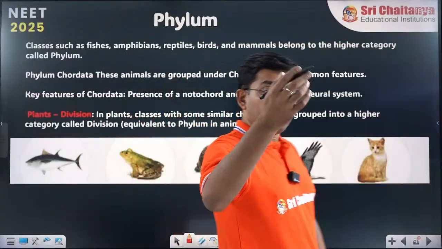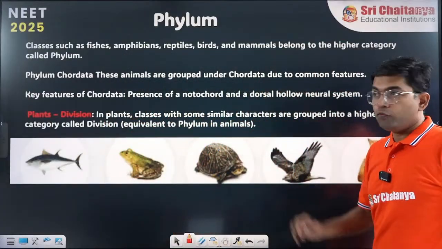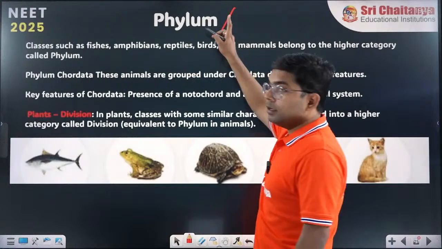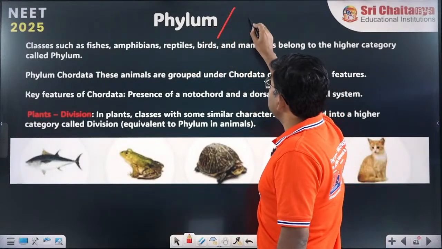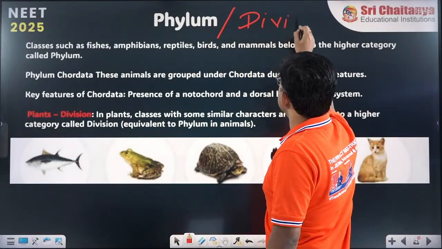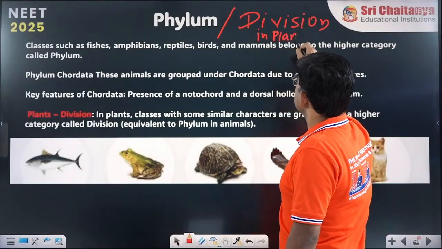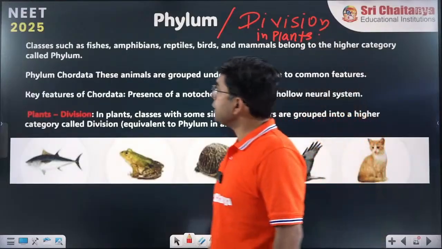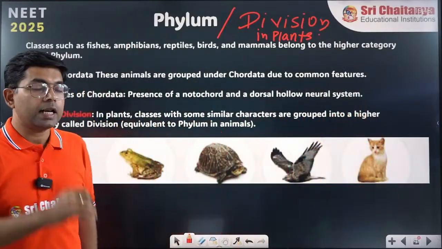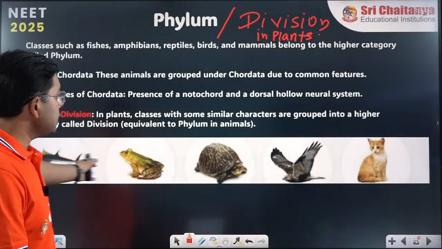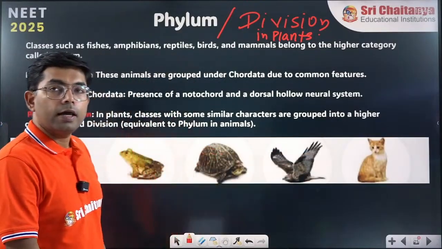Further, if we go to the phylum, phylum is the term used in animals. In plants we call it division. Remember this. Now further, the phylum includes several classes, and these are the several classes of animals.